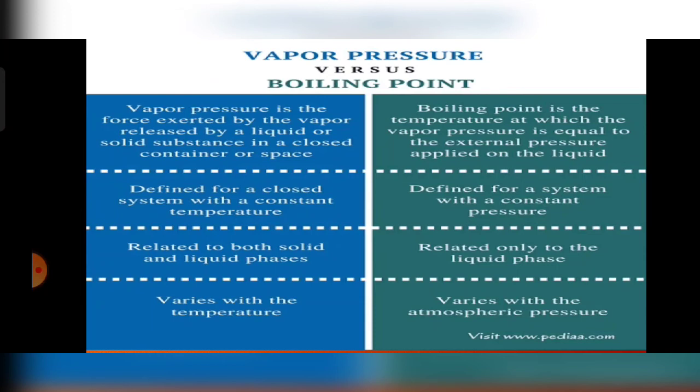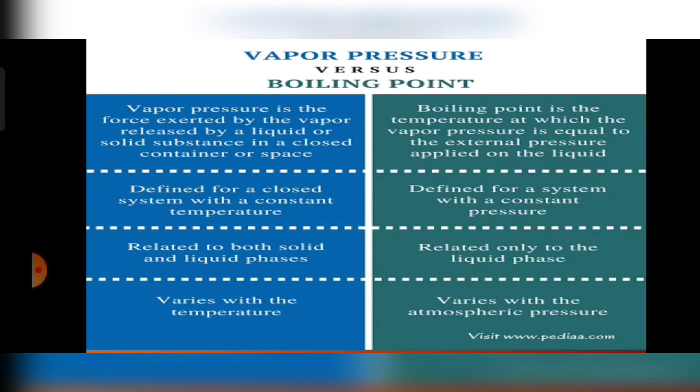Boiling point varies with the external pressure. If the external or atmospheric pressure is more, then we have to provide more energy, more heat, to attain the boiling point. For example, if the atmospheric pressure is equal to 2 atm, then we have to provide double the amount of heat. For water, we have to provide 200 degrees Celsius temperature to boil it, because at 100 degrees Celsius it will boil only if the external pressure is 1 atm.